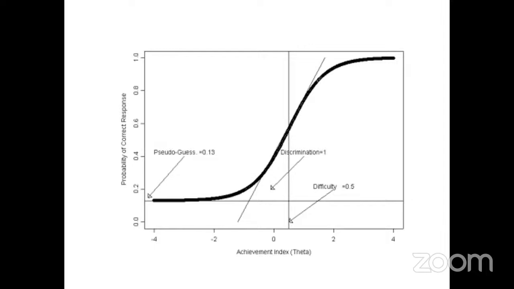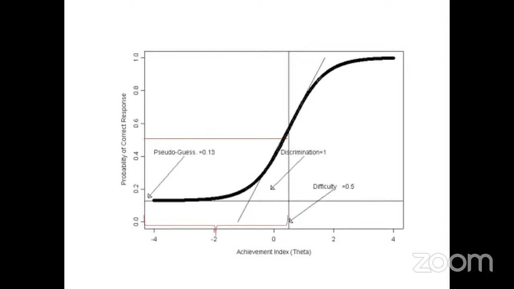So here, if we are drawing the probability of correct response being 0.5, because 0.5 gives us the maximum variation in response, and if we draw a perpendicular on the x-axis from that point, what we get is the item location.